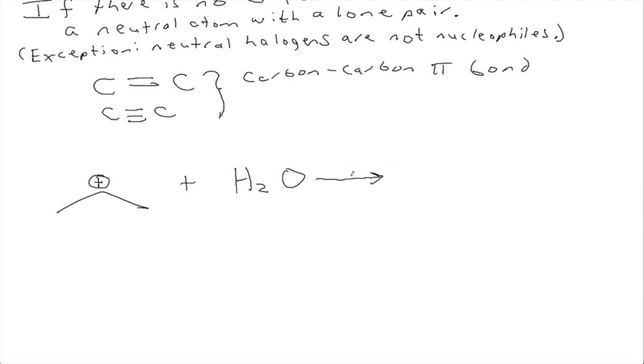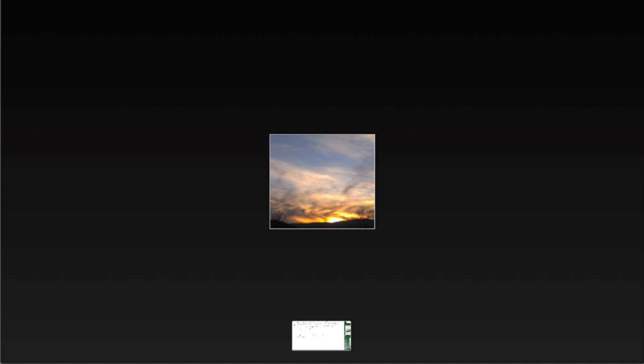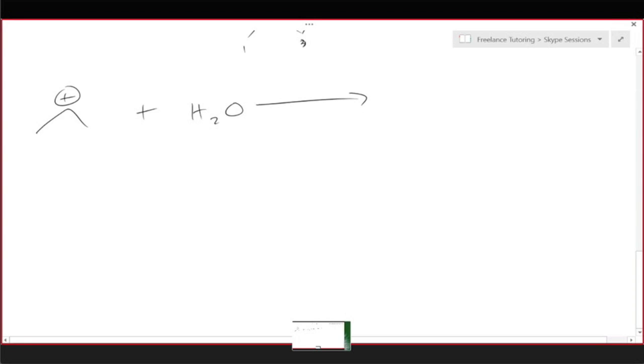Okay, so try drawing the arrows for this reaction on your screen. Great, and let's describe what roles the atoms are playing. Let's put in some numbers so we can talk about that more clearly.